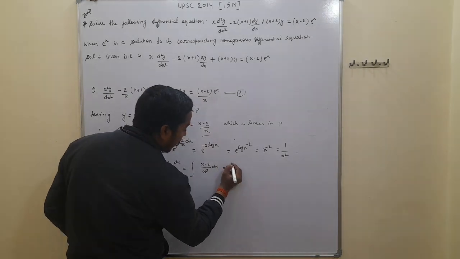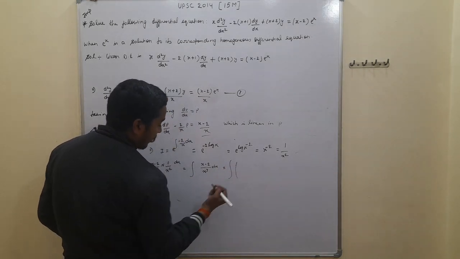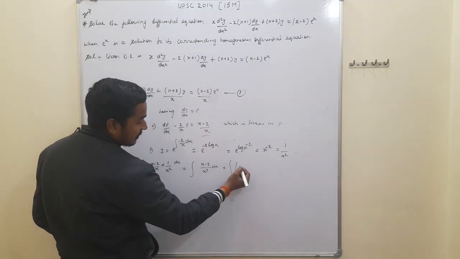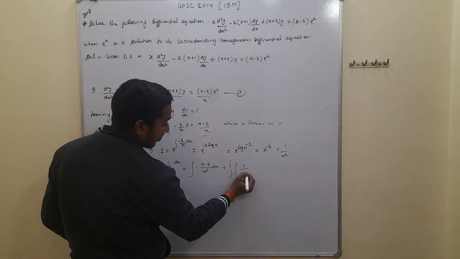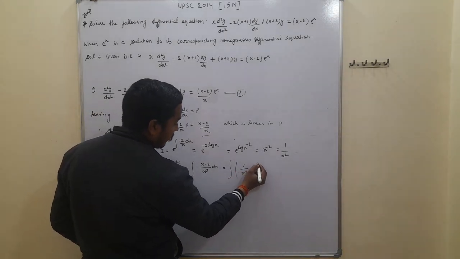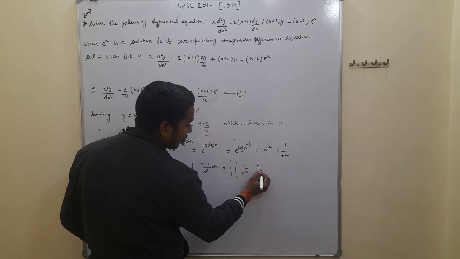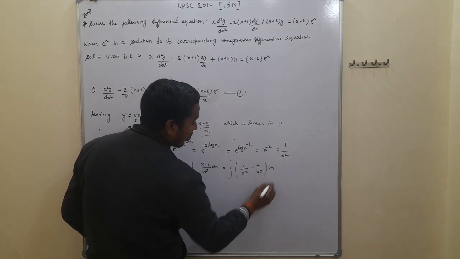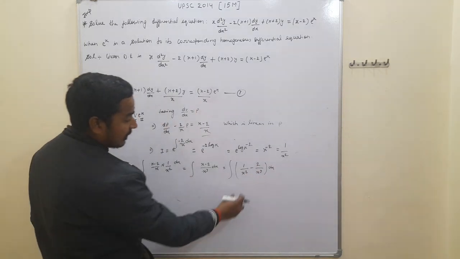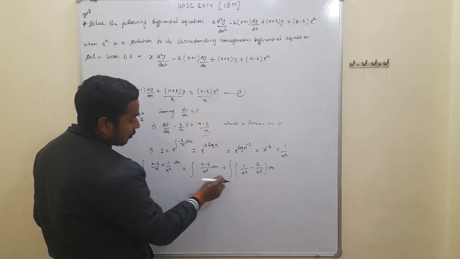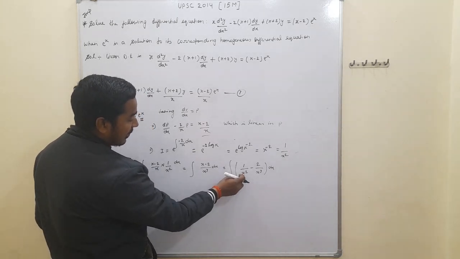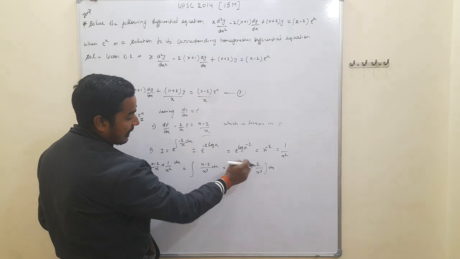We can also write this as integral of 1/x² minus 2/x³ dx. When we take LCM, this is x³ and here x is not present, so we have to multiply with x minus 2.